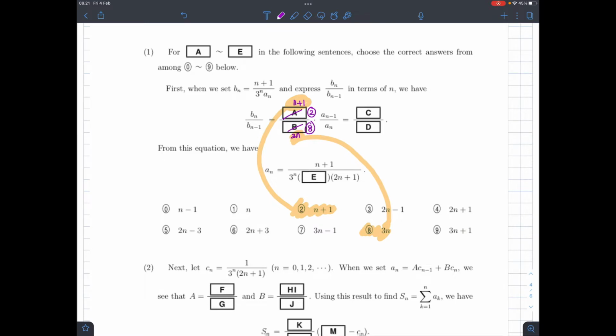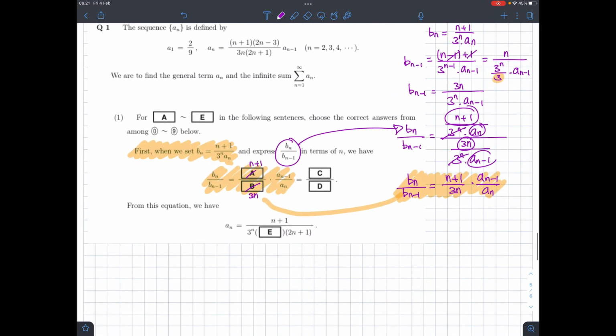Okay, let's continue. Next they want us to find bn per bn minus 1 without an minus 1 per an.